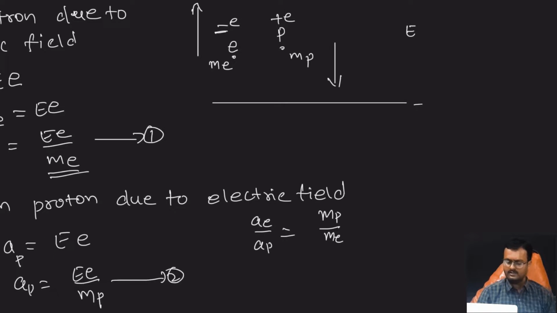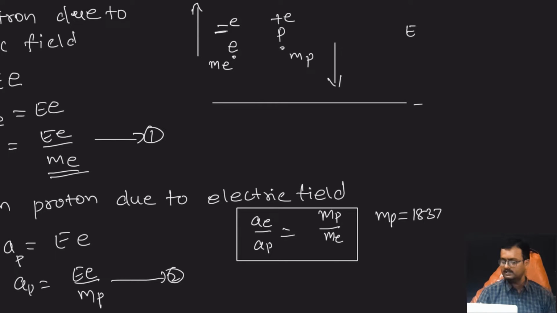So this is the ratio of accelerations of electron and proton moving in uniform electric field. You know, mass of proton is 1837 times greater than the mass of electron. So mass is 1837 into me. So me cancel, then we get 1837.